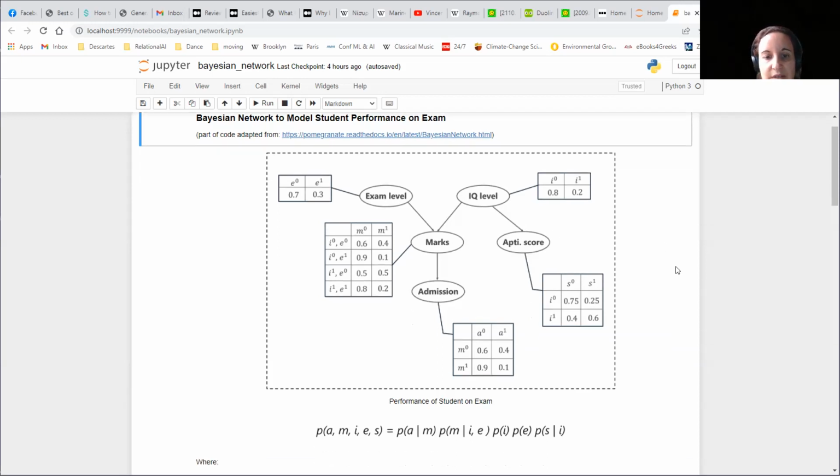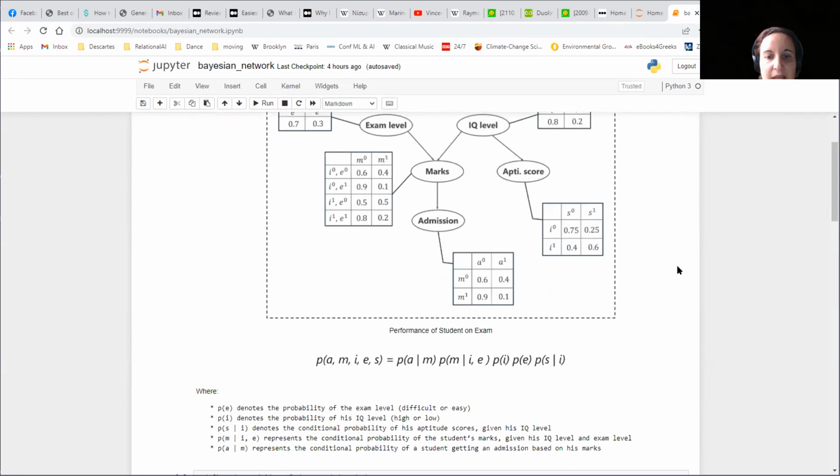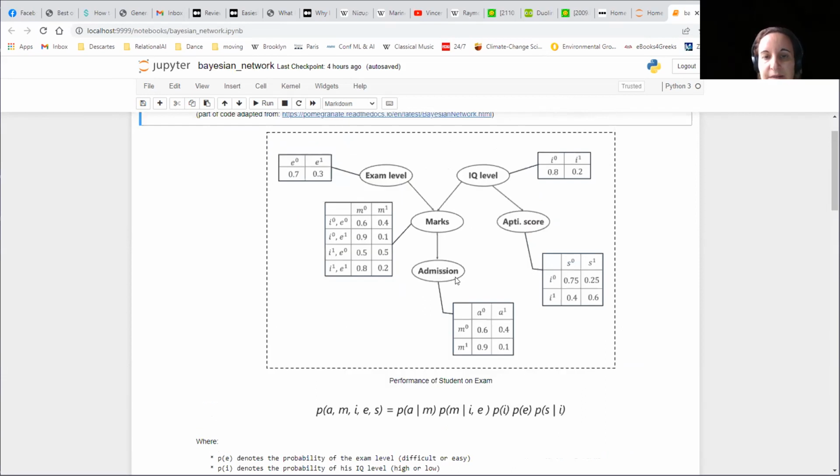It's the score that it will get in aptitude scores.